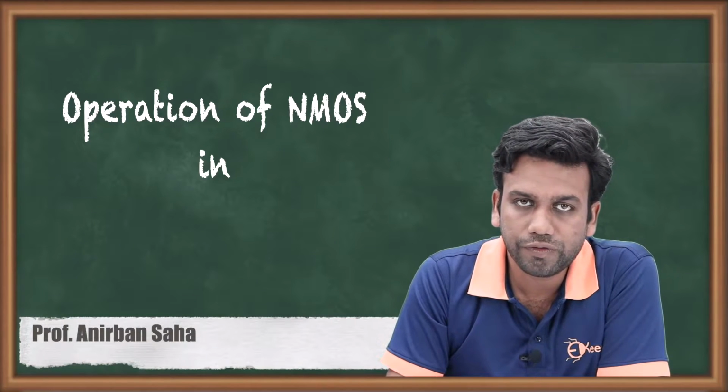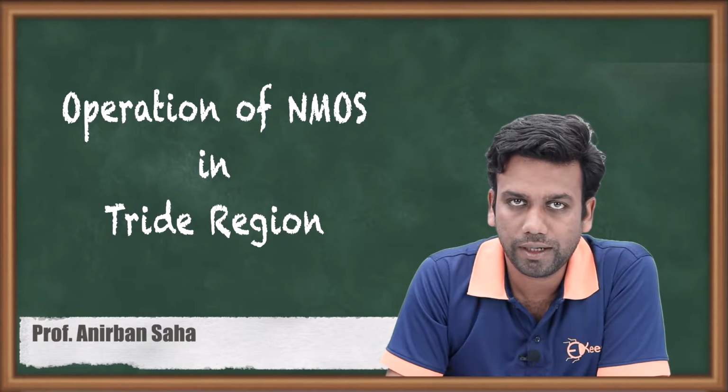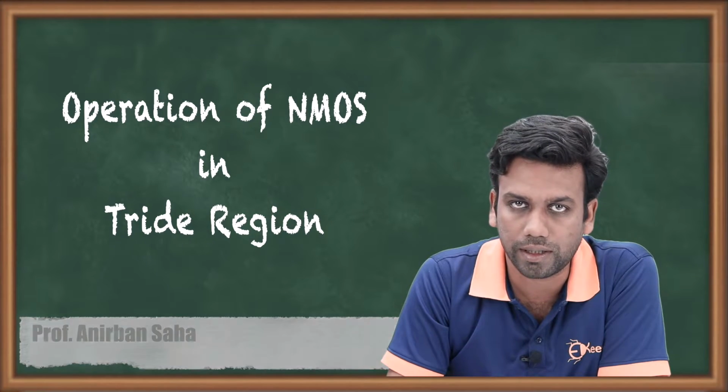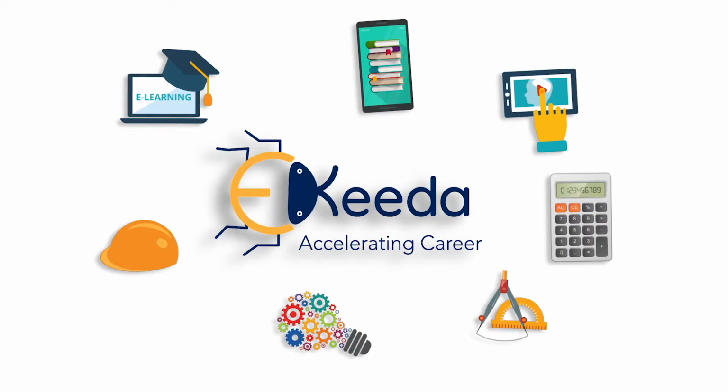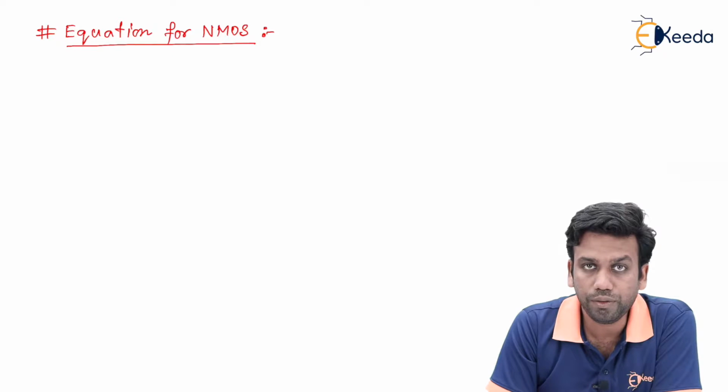Hello friends, in this video we are going to discuss the operation of NMOS in the triode region. As we know, for the NMOS there are two different regions of operation in the drain characteristics.